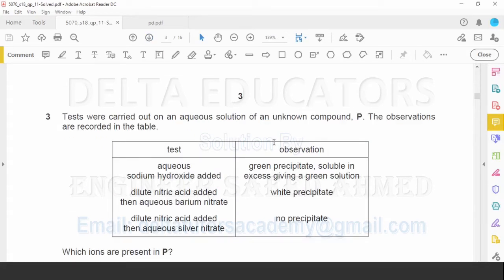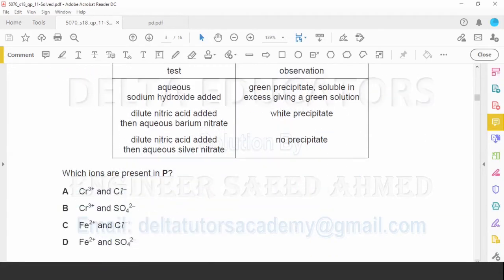Question number 3. Tests were carried out on an aqueous solution of an unknown compound P. The observations are recorded in the table. Here we have done some tests and here we have the observations. First test, aqueous sodium hydroxide added. We got a green precipitate soluble in excess giving a green solution. In options A and B it is given chromium ion and in C and D it is given ferrous ion.